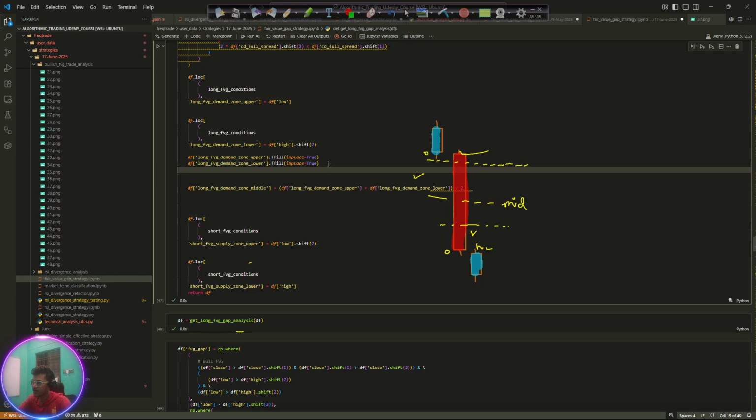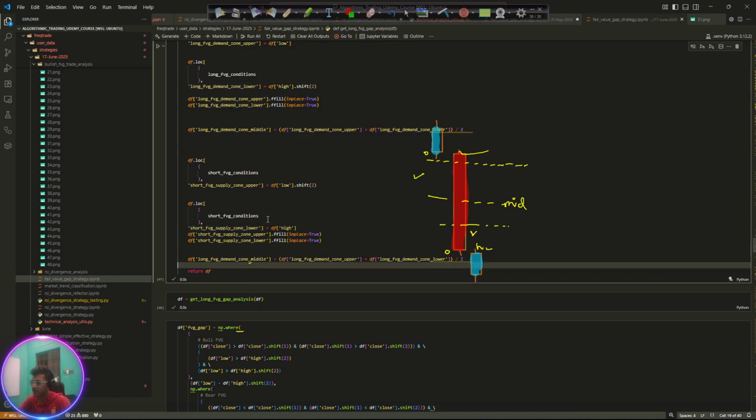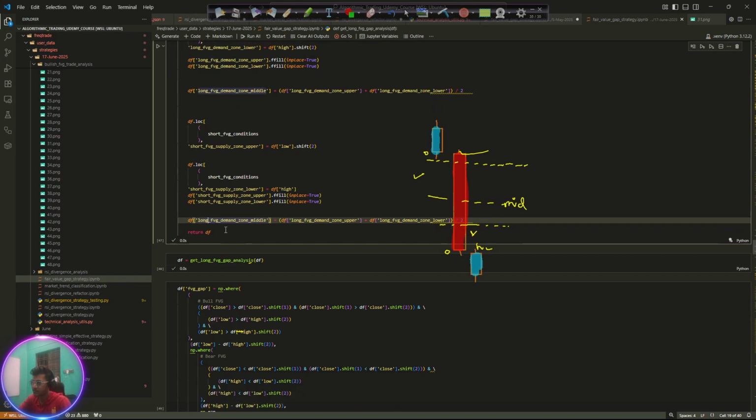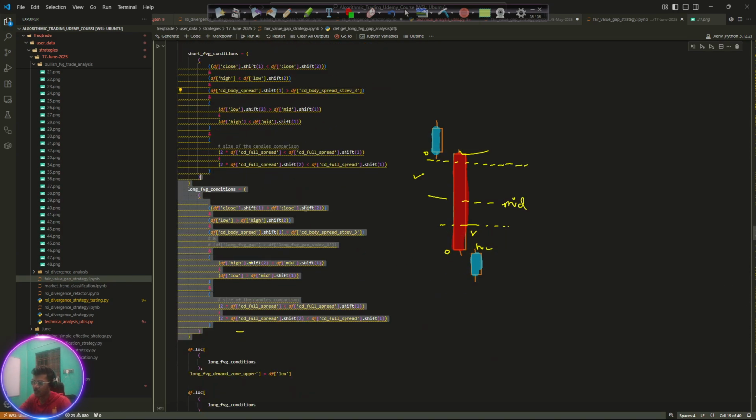We perform the same operation here with the midpoint. Short FVG applies on middle and lower. So we coded the short condition as well.